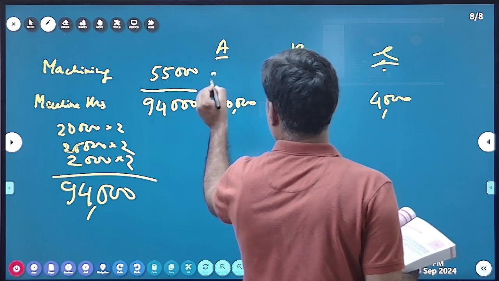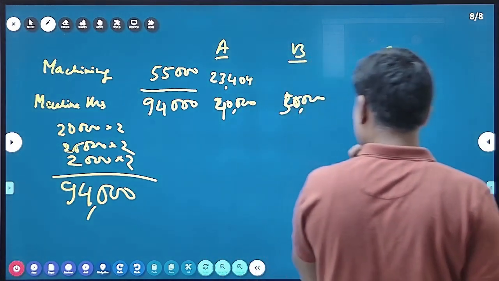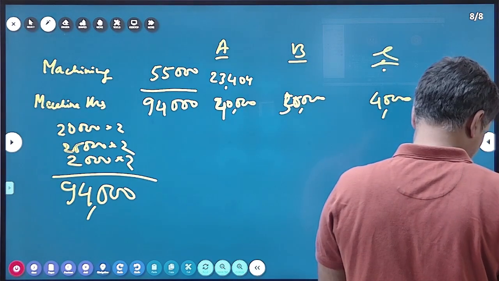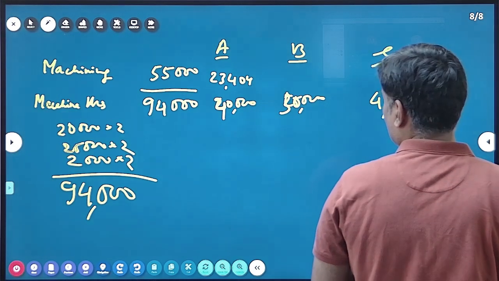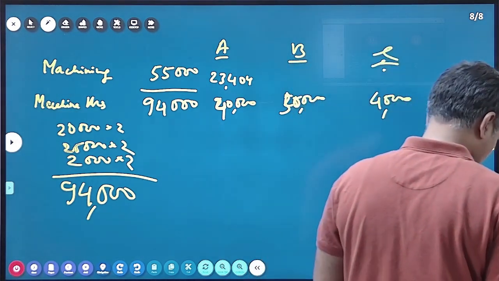It comes to 23,404. For the next one, for B, it will be 55,000 divided by 94,000 into 50,000.